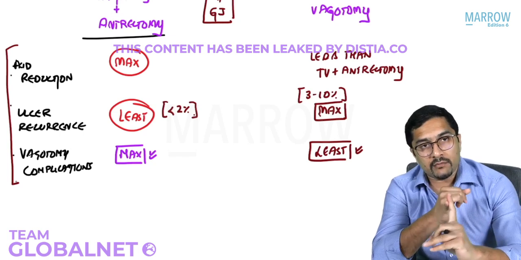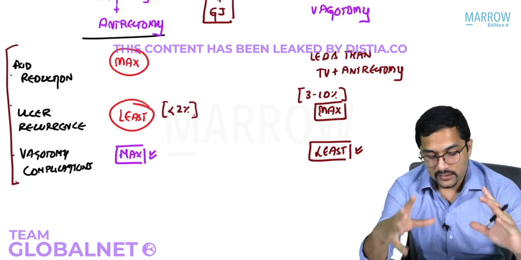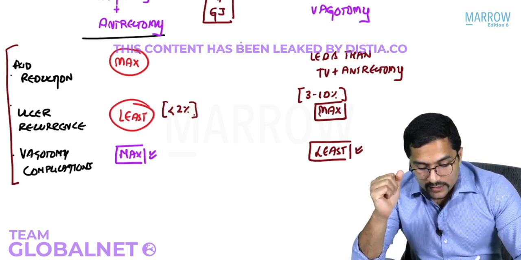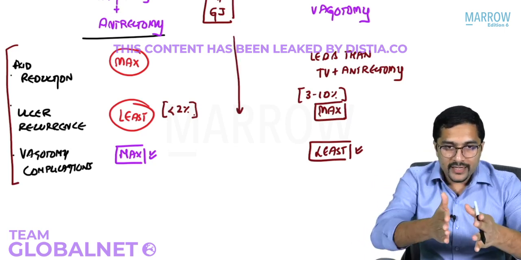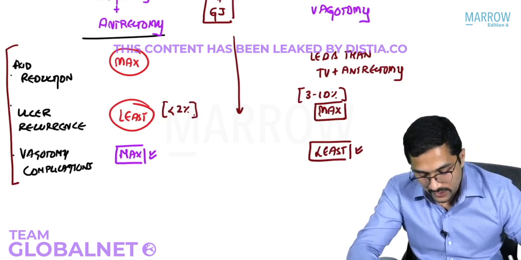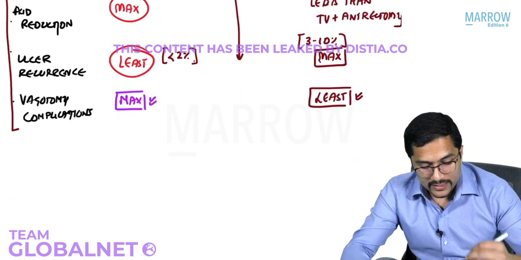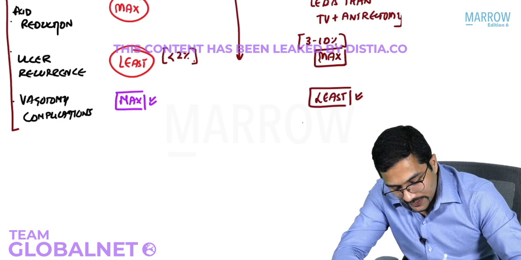Where do we get maximum acid reduction? Where do we get maximum ulcer recurrence? That I've already told you. TVGJ is the middle path where everything is in the middle, which is why this was the most commonly performed surgery. Now, where exactly do we do highly selective vagotomy?